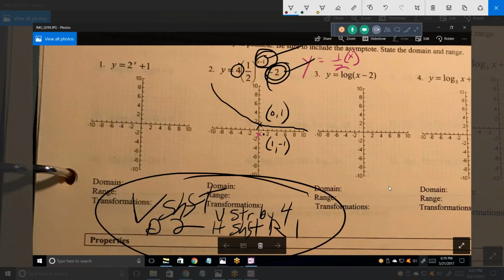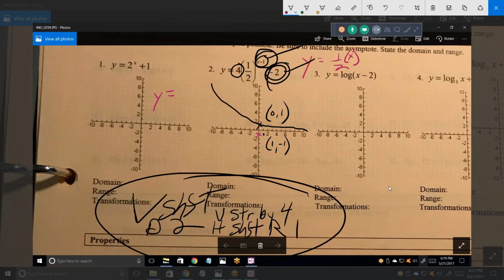Where was the horizontal asymptote on the parent function? Y equals what? On the original function, look at the black line. What is that asymptotic with?